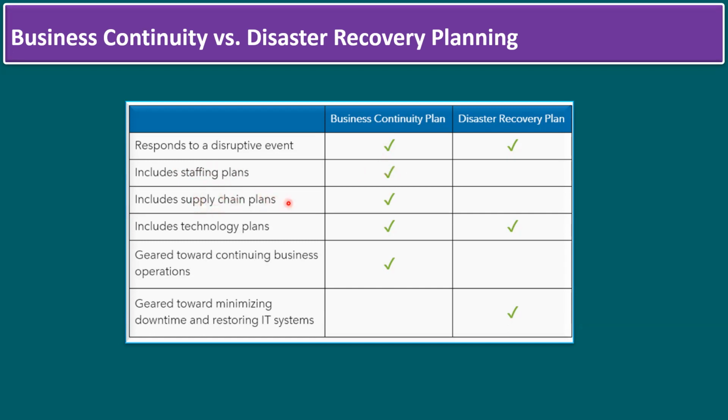It also includes supply chain plans, which are mainly within a business continuity plan. And it includes technology plans, but technology plans are in both BCP and DRP, the disaster recovery plan. Both are geared toward continued business operations, and toward minimized downtime and restoring IT systems. The restoration portion is only within a disaster recovery plan.